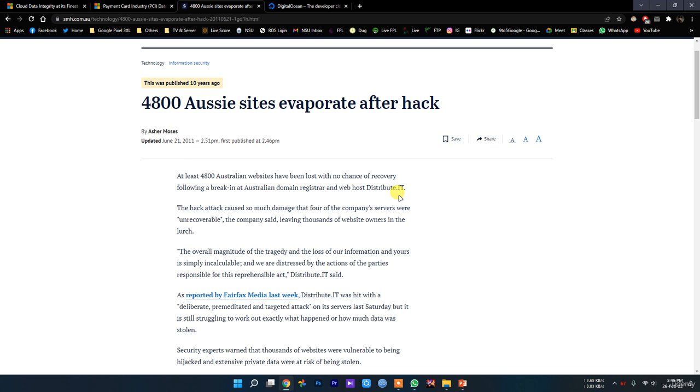This is precisely the reason why organizations want to do the compliance assessment. They want to establish with some degree of confidence that the provider they are putting their data in isn't going to suffer the same fate as Distribute IT. Now we can never be 100% certain about this.